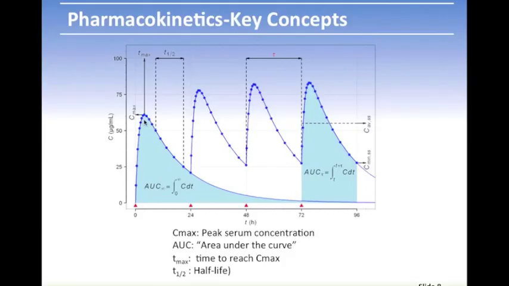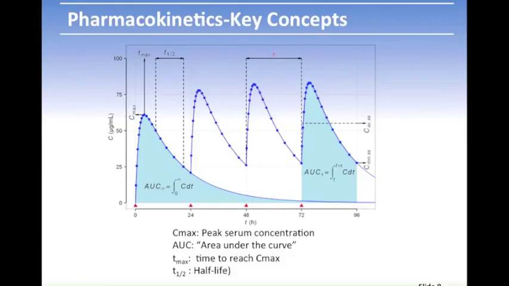After this point, concentration of the drug decreases steadily over time. The time required to reduce the concentration of the drug by 1/2, that is T sub 1/2, is the half-life. Exposure of the patient to the drug is represented by the area under the curve, or AUC for short.